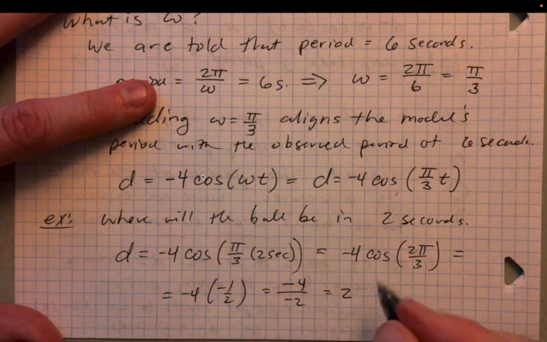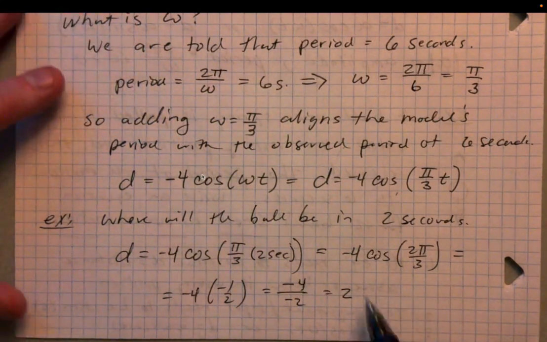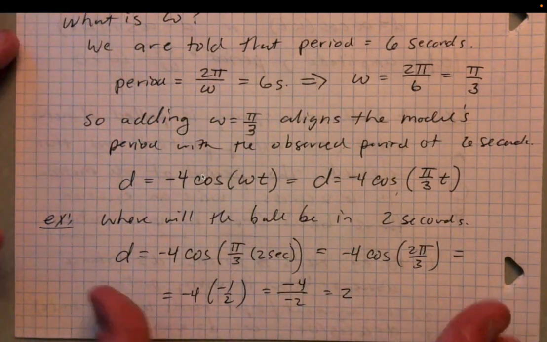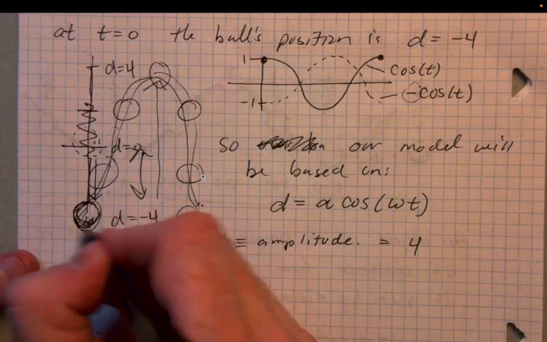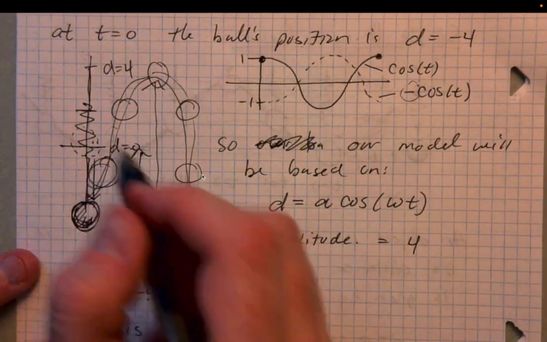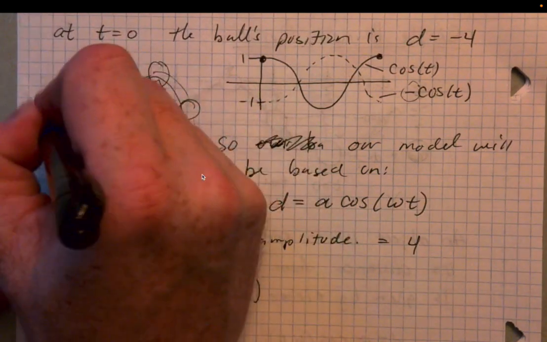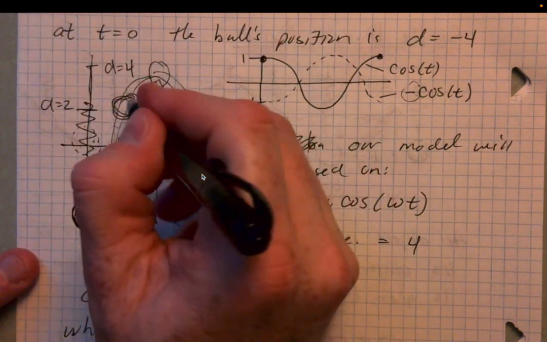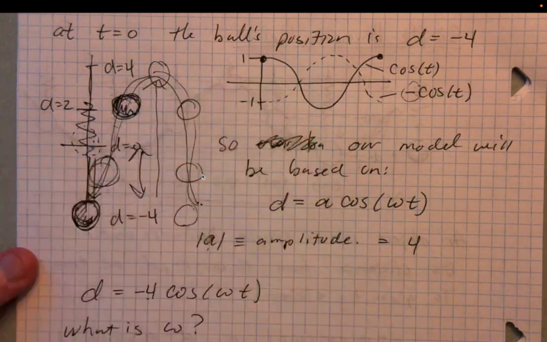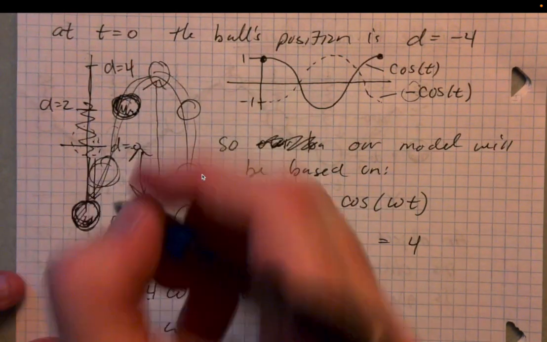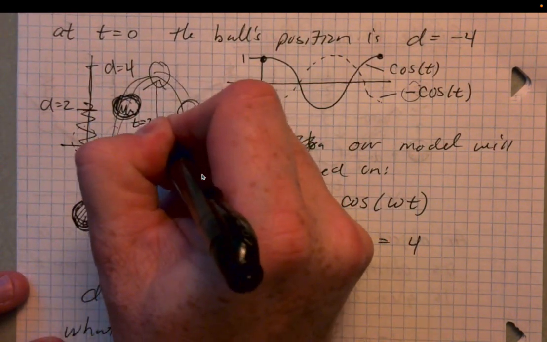So I just get 2. So what does that mean? Well, it's probably an awful lot like what's going on here. The ball starts down here, maybe at 1 second it's here, and at 2 seconds it's up here at d = 2. So this is where the ball is at time equals 2 seconds.